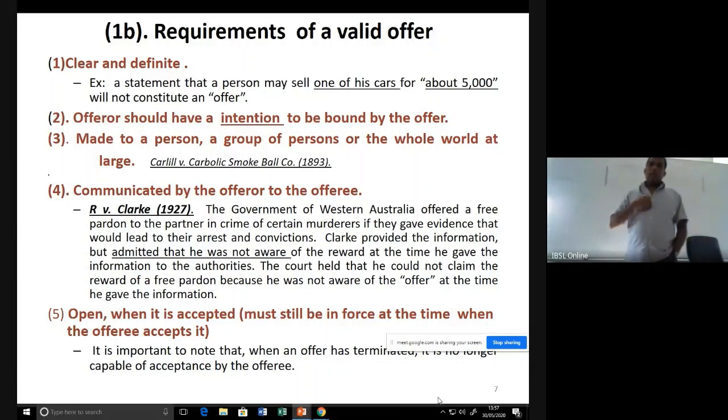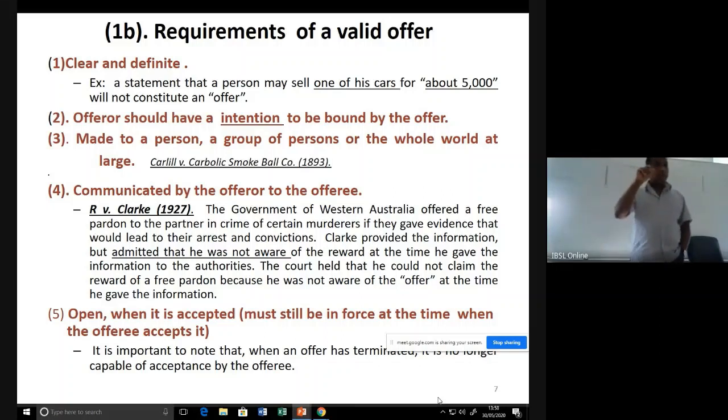If it is not communicated to the offeree, my offer is not valid. If I communicate the offer to a wrong party, the communication is wrong, there is no offer. Just a promise, but not an offer.